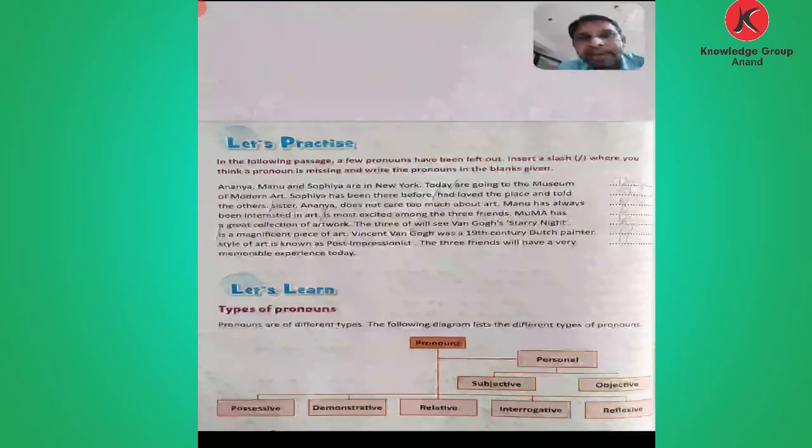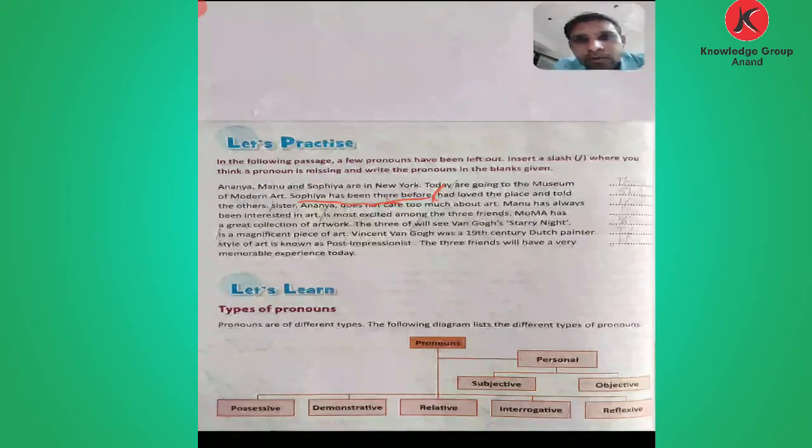Okay, now the second line. Sophia has been there before. Then the full stop is there. Then I put a slash. Then comes, had loved the place and told the others. So she talked, Sophia, in the first sentence.